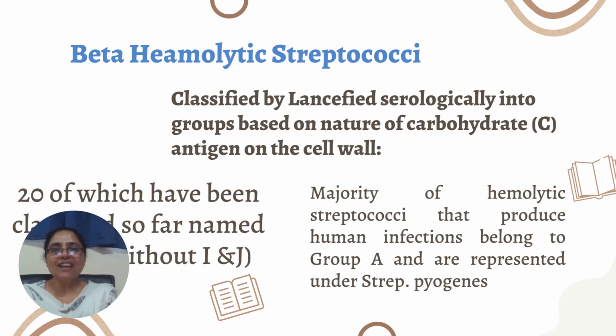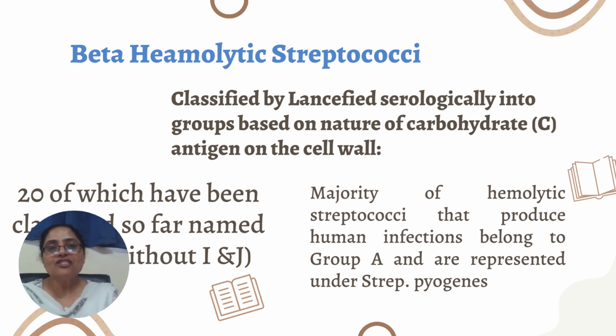Moving on to the next slide, we will study in detail the beta hemolytic streptococci because most of the pathogenic organisms belong to this group. Beta hemolytic streptococci were classified by Lancefield, and this was a serological classification.